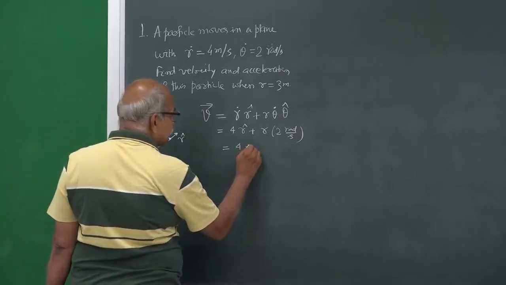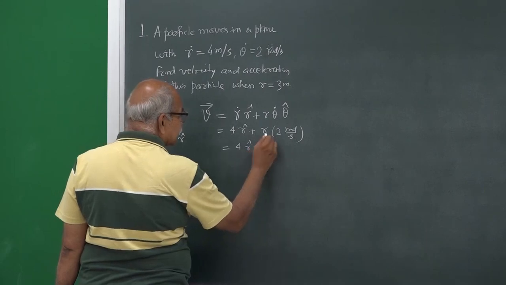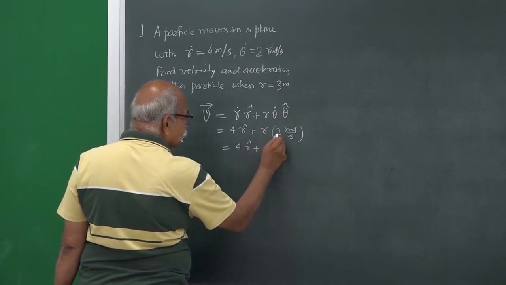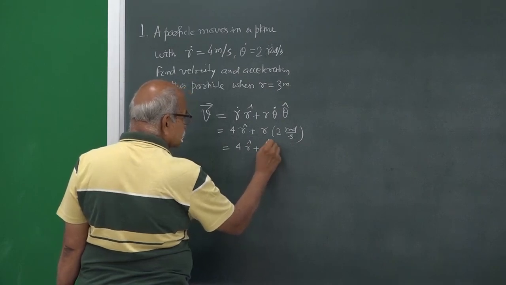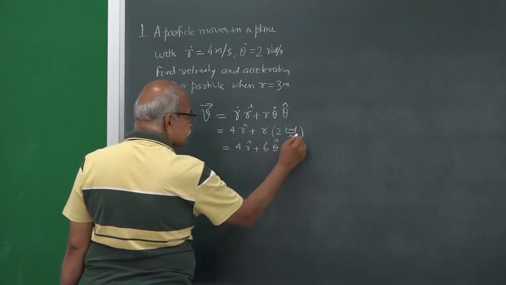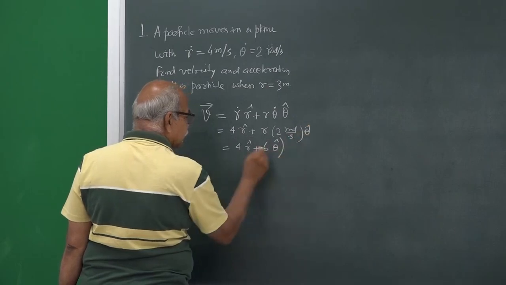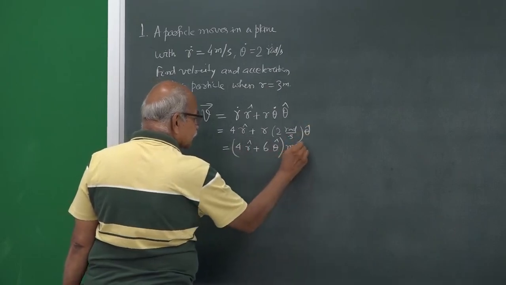So, this is 4 times r cap plus 3 into 2, which is 6, theta cap. So, that is the velocity in meter per second.